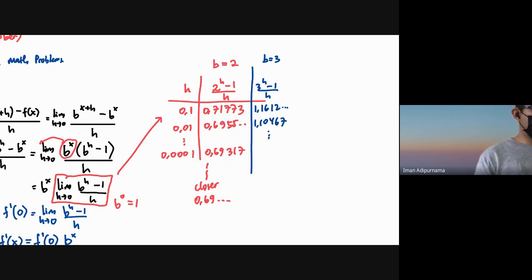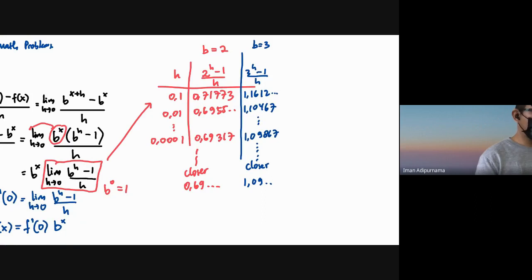And if you have 0.0001, you have 1.09867. And if you are adding more zeros, it gets closer to 1.09 something.